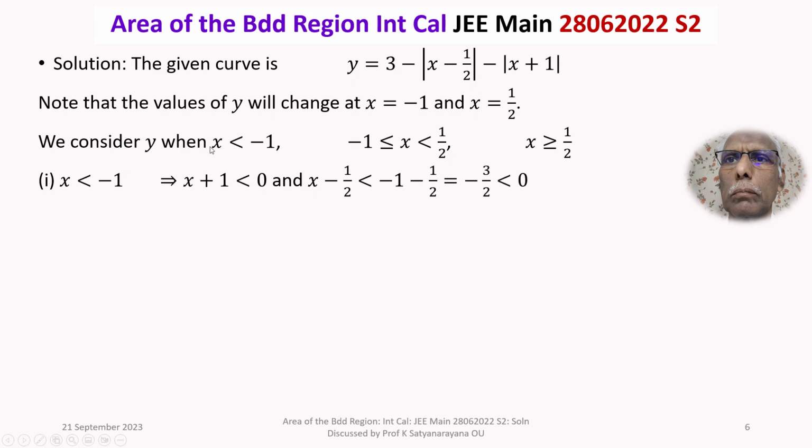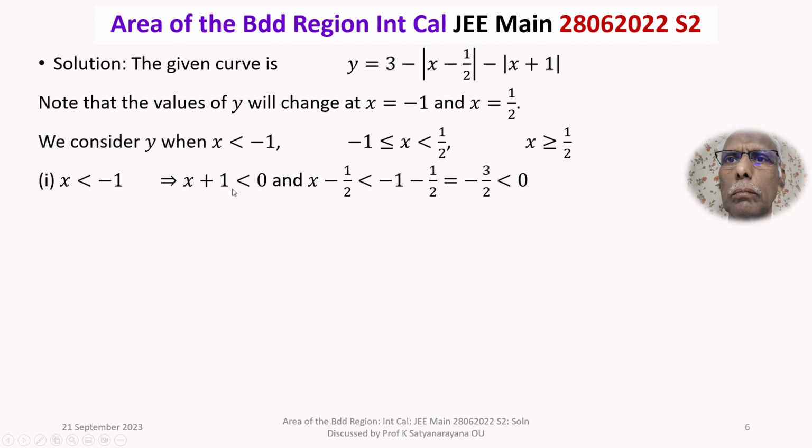Now the first part, when x is less than minus 1. When x is less than minus 1, x plus 1 is negative. And not only that, x minus 1 by 2: add minus 1 by 2 on both sides, then you will get x minus 1 by 2 is less than minus 1 minus 1 by 2, which is minus 3 by 2, which is less than 0.